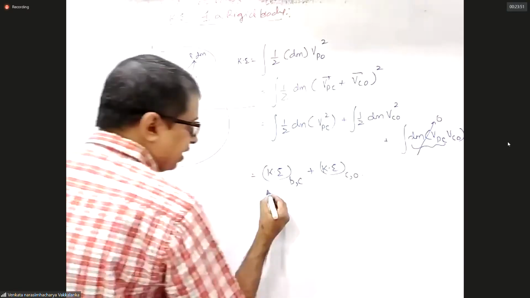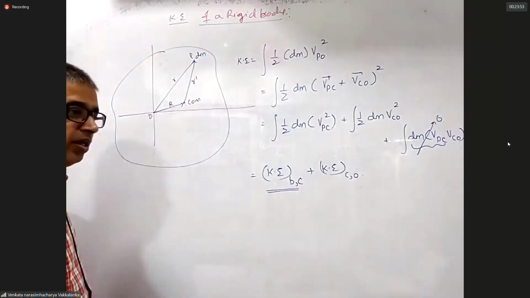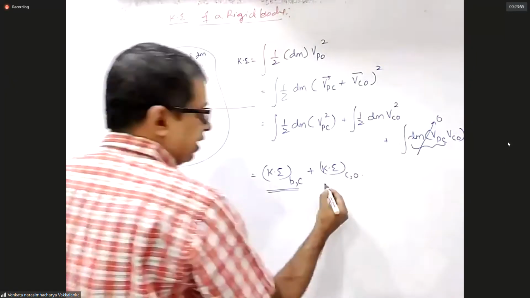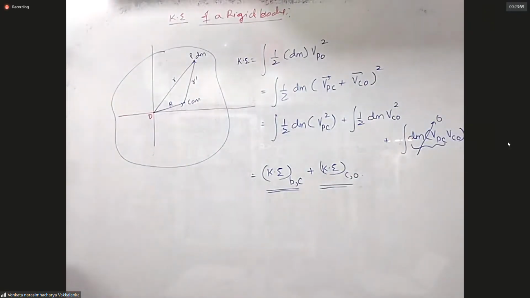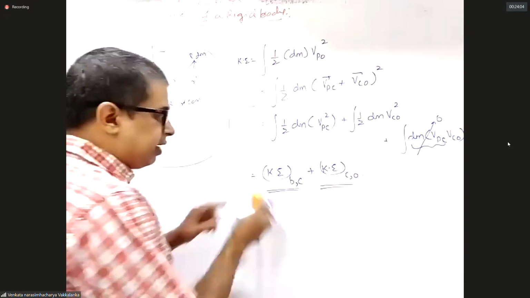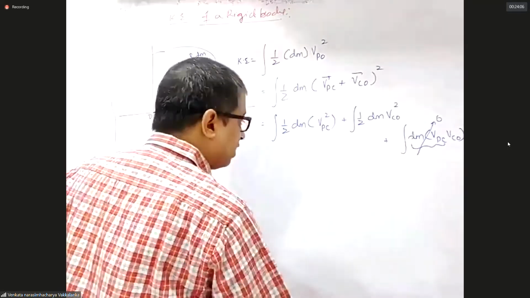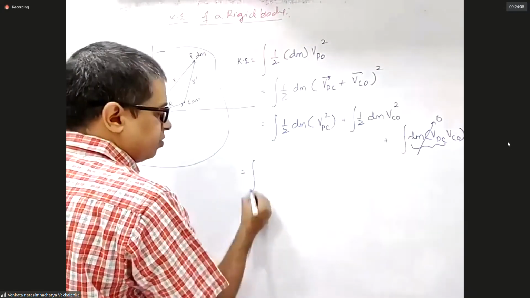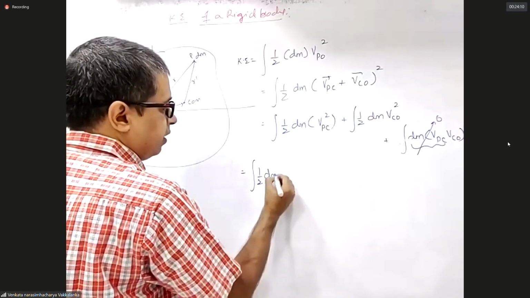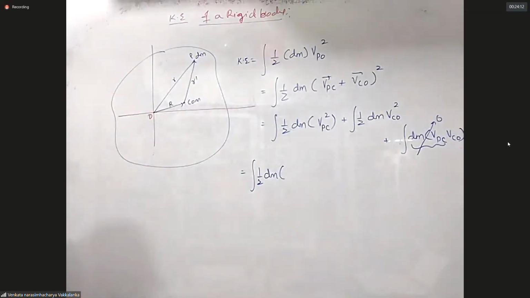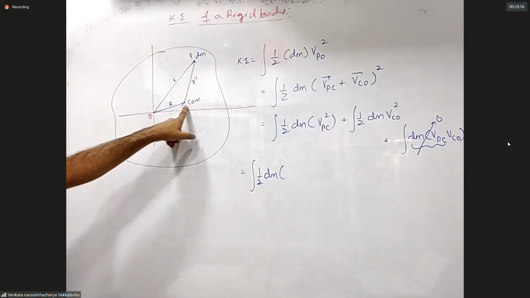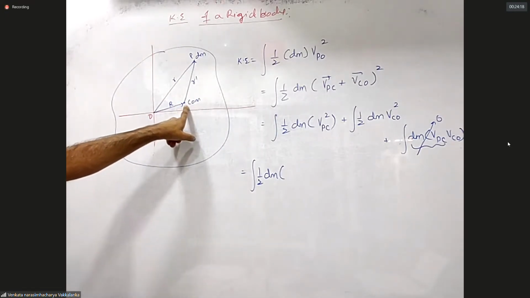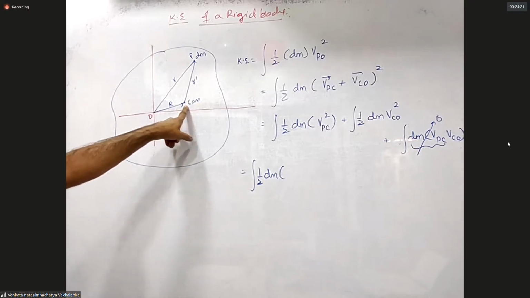This is the kinetic energy of the body with respect to center of mass, and the kinetic energy of center of mass with respect to ground. Right. Or to write it much more clearly, let me write the next step as well. This is half dm velocity of point P with respect to center of mass.